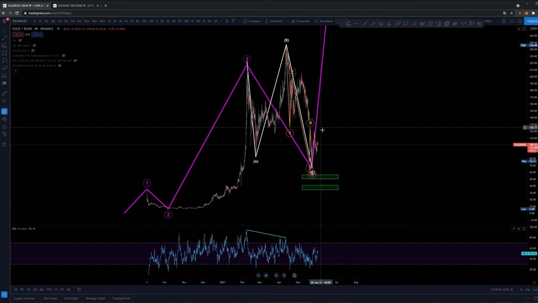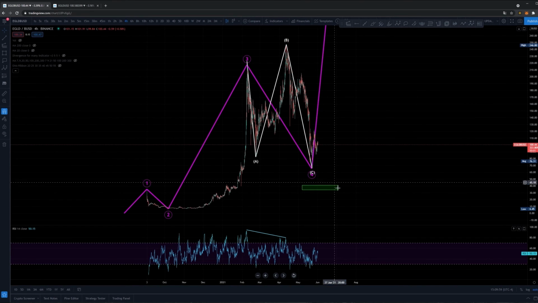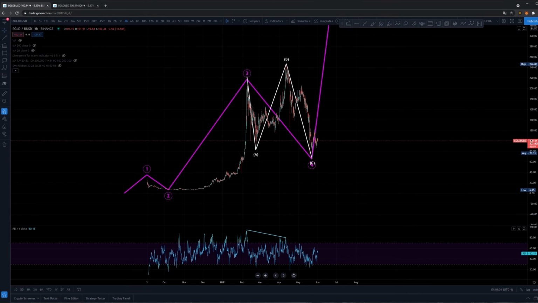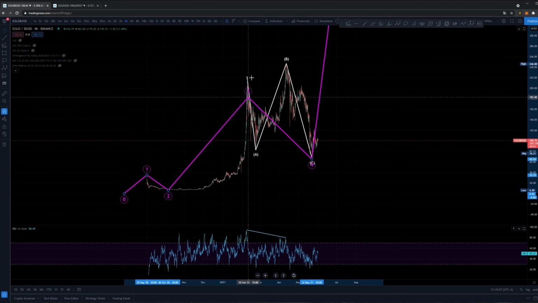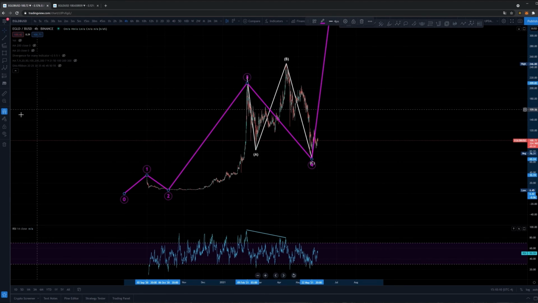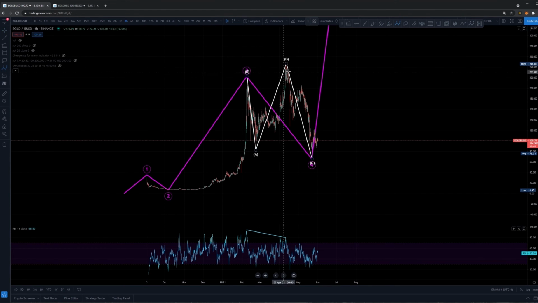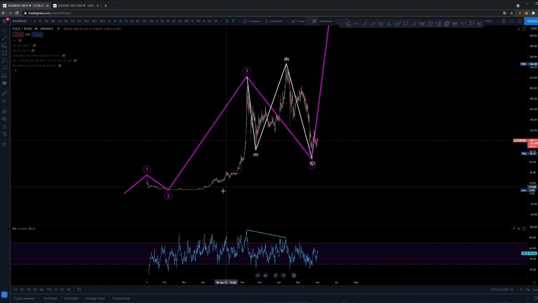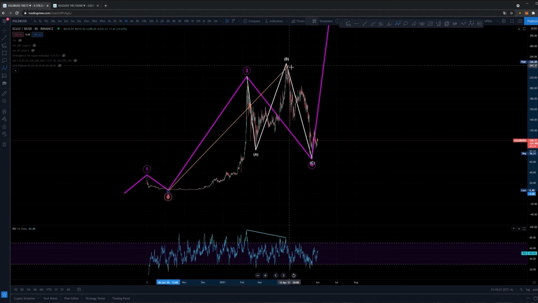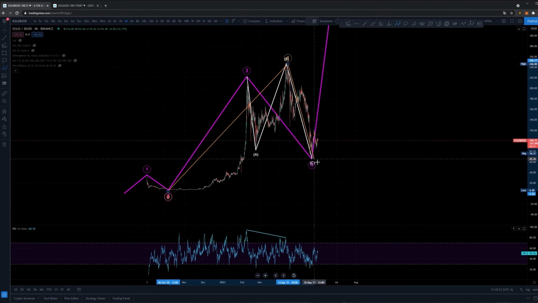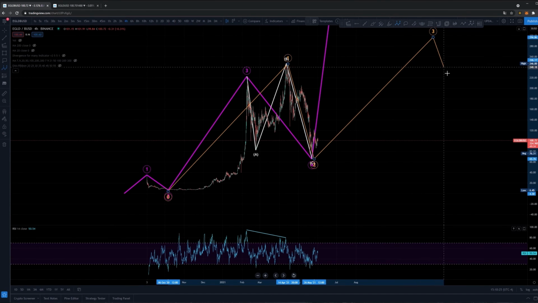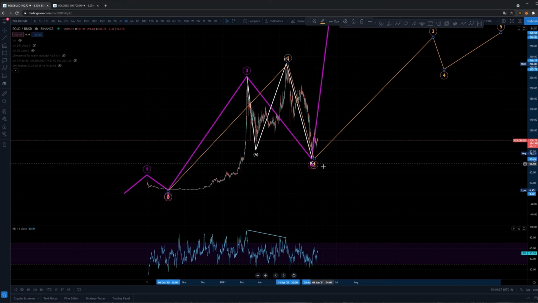But if we take this out, we are creating one and second wave for the continuation. You need to note that with this wave here retracement, which is pretty strong, we are now able to create a new first and second wave that will bring us higher in the future.